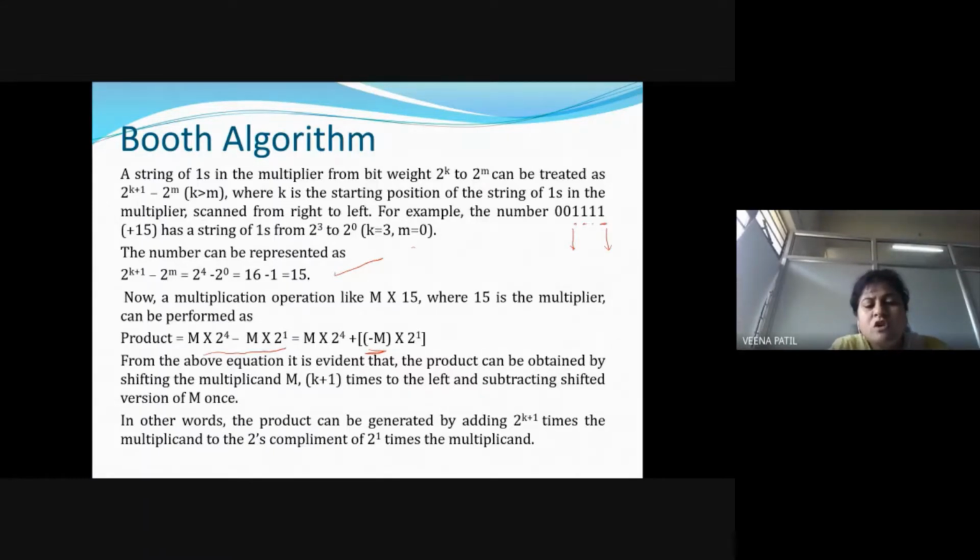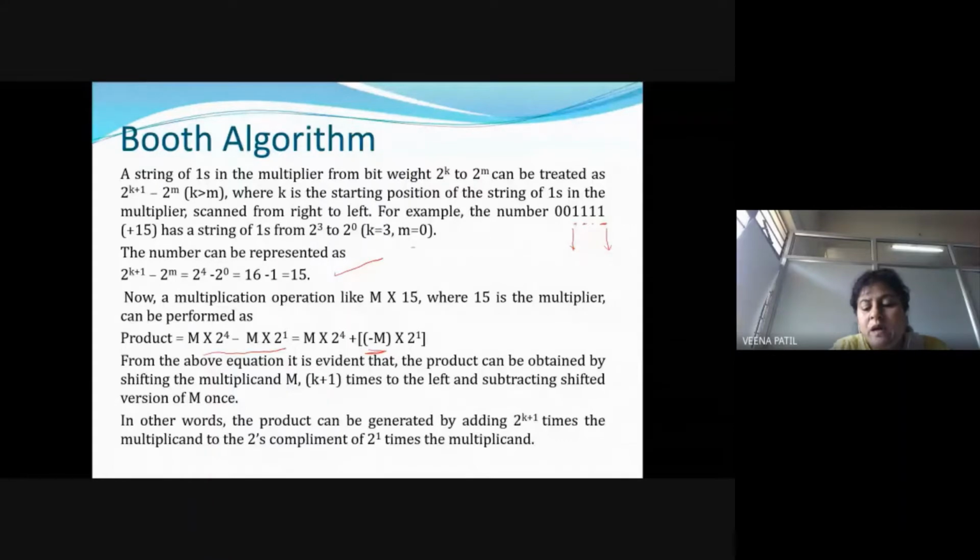From the above equation, it is evident that the product can be obtained by shifting the multiplicand M, that is k plus 1 times to the left, and subtracting the shifted version of M once. In other words, the product can be generated by adding 2 raised to k plus 1 times the multiplicand to the 2's complement of 2 raised to 1 times the multiplicand.